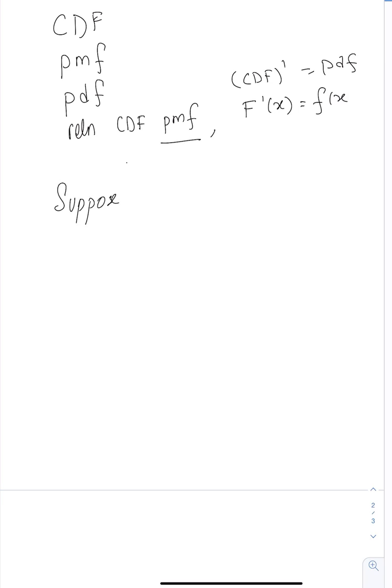So suppose X and Y are two random variables. Okay.